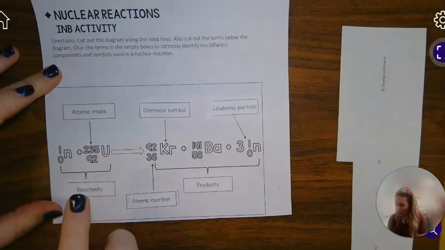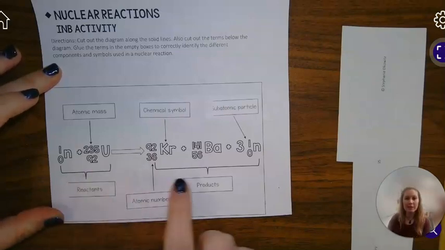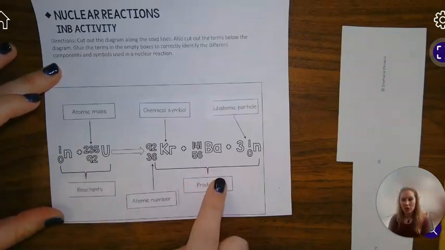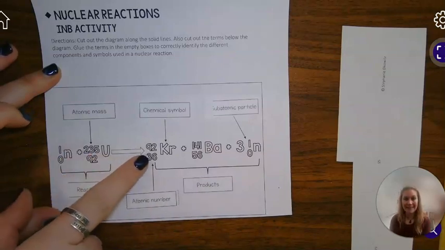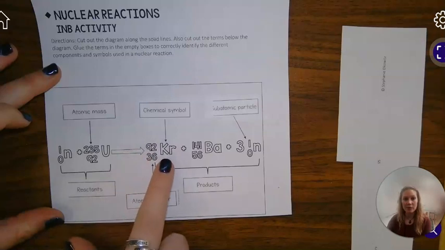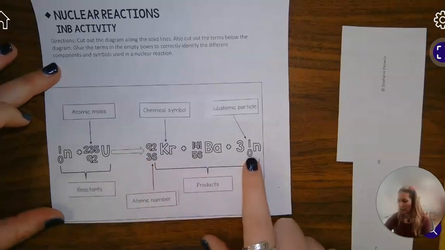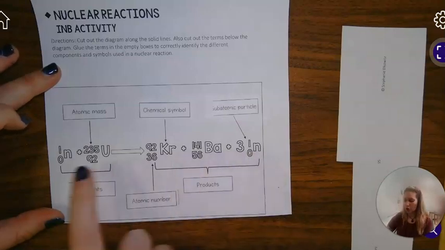So we've got our reactants on the left, products on the right. We have our atomic mass and the atomic number in front of the chemical symbol. And then we also have the subatomic particle, which in this case is a neutron.